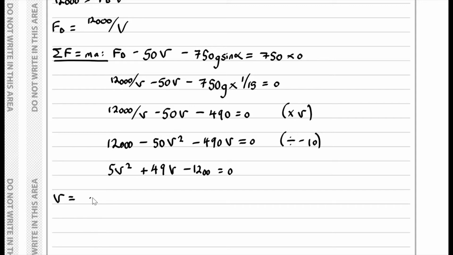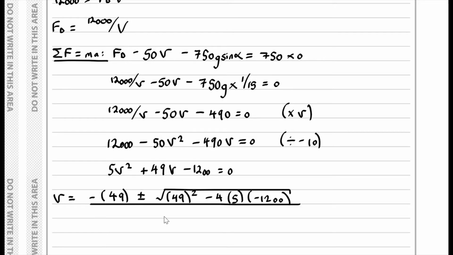So V equals minus 49 plus minus the square root of 49 squared minus 4 times by A times by C, and then we divide by 2A.